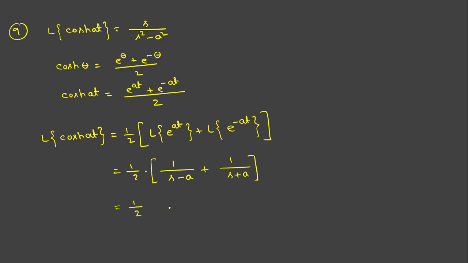Simplify this: half into the LCM, which is s² − a², (s+a) plus (s−a), so you are getting half into 2s divided by s² − a². The 2 cancels, so finally you get s/(s² − a²). Hence proved.